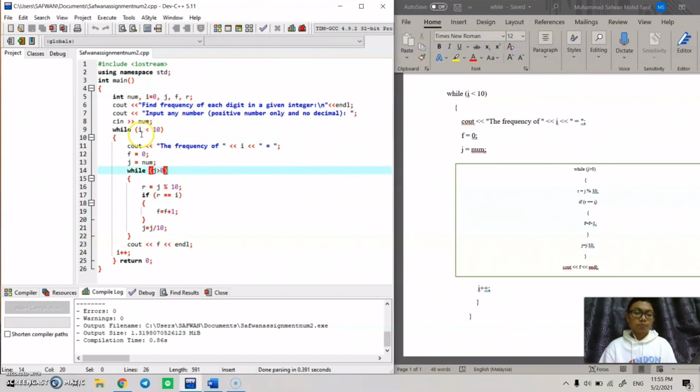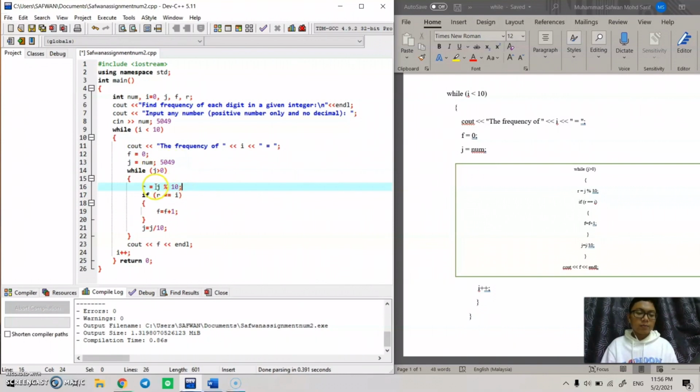So, for example, we'll put 5049. This means the number is 5049 and i is 0 since we initialized it already. So j will be the same as num, which is 5049 also.